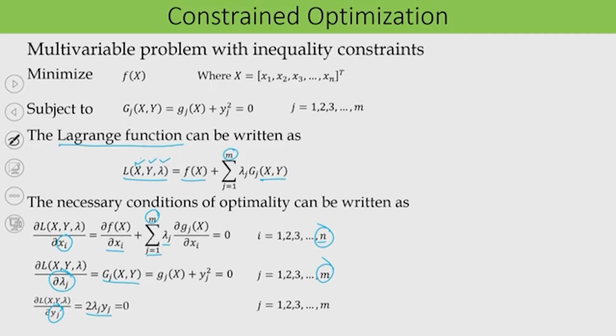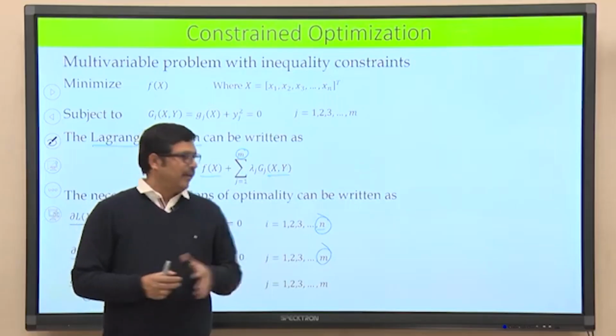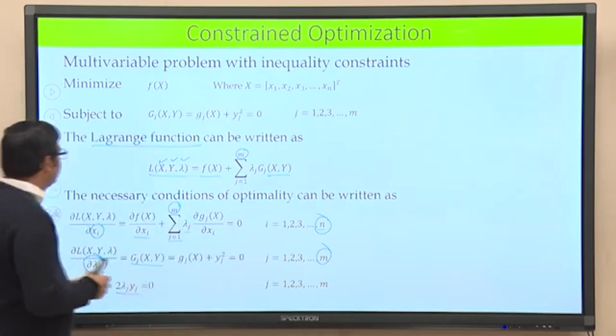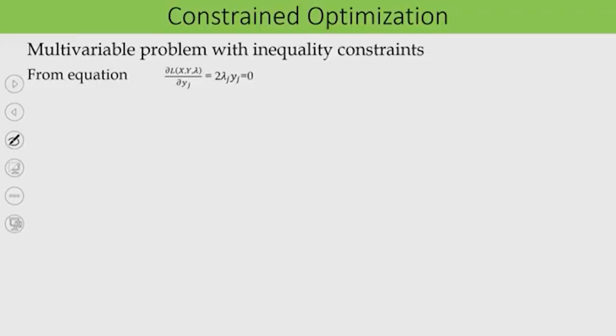Okay. We have already discussed that in the last class, and I think you are quite comfortable with it now. Now, let us take the last equation. The derivative with respect to y j is twice lambda j y j equal to 0.